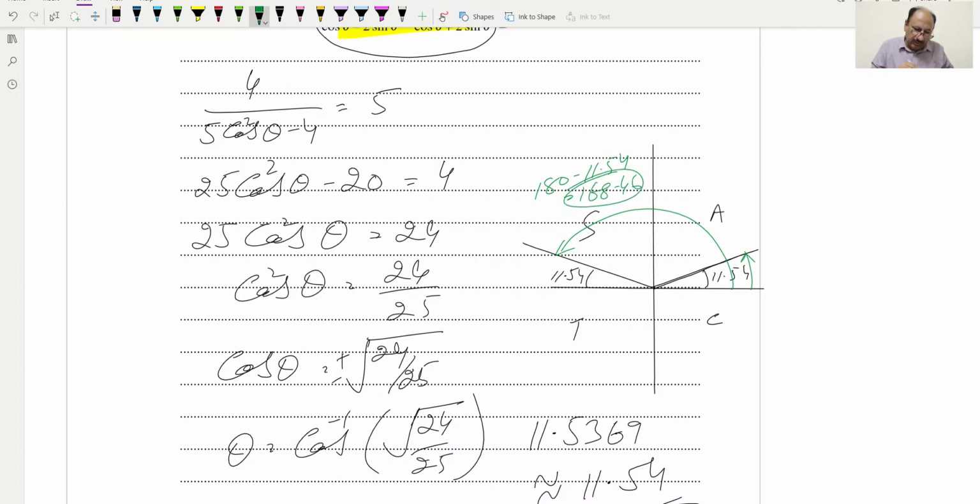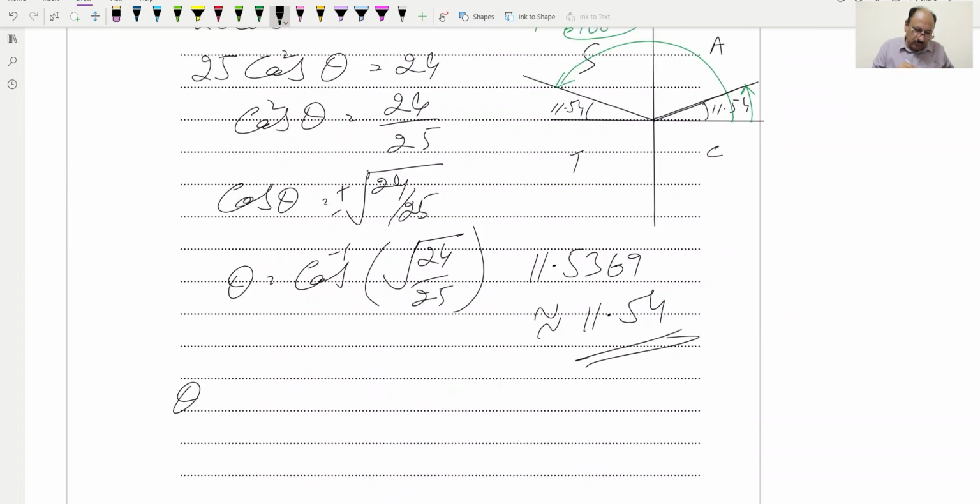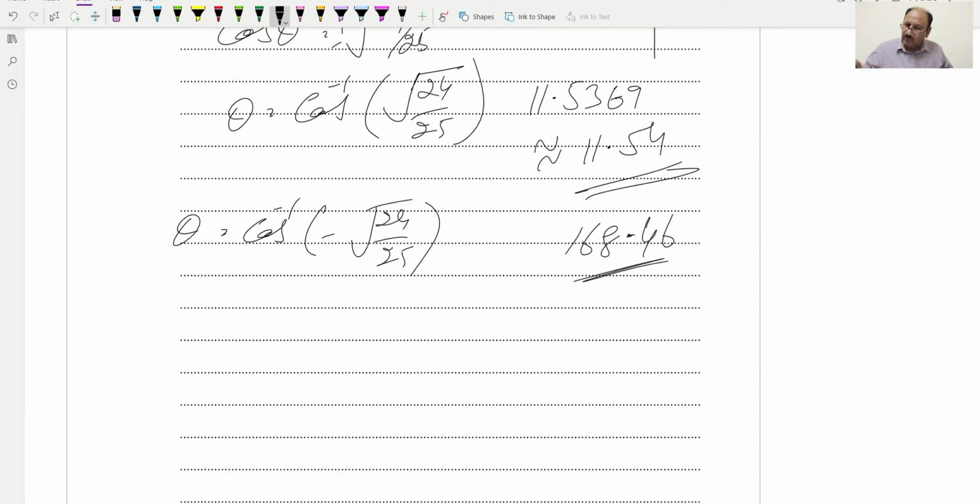So for the negative value, what we can do, cos theta, we can write for the negative value minus under root 24 over 25. If we check, we calculate 168.46, so these will be the two solutions basically.